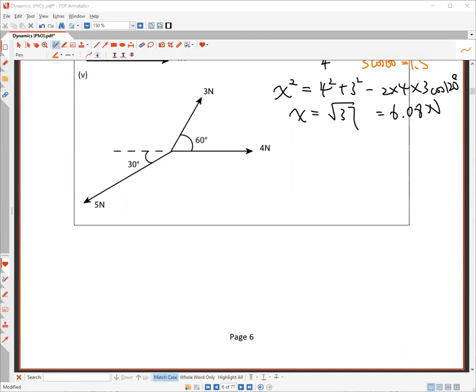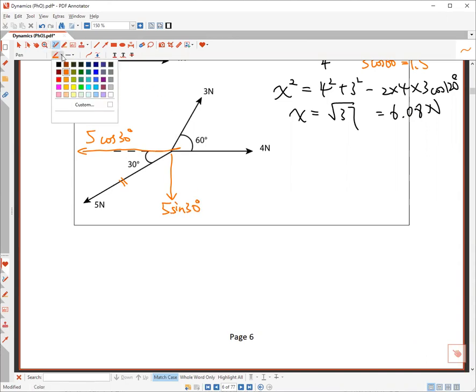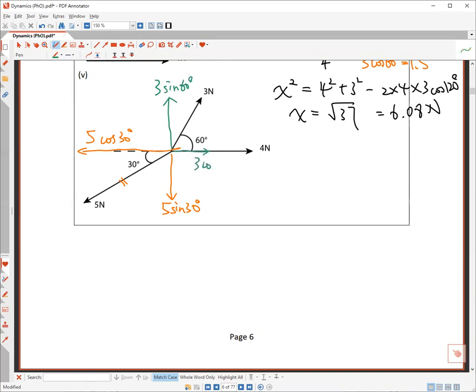So let's say for the 5 Newton force, this has a component 5 cosine 30 degrees, and this has a component that is 5 sine 30 degrees. And then for the 3 Newton force, this is 3 sine 60 degrees, and this is 3 cosine 60 degrees.